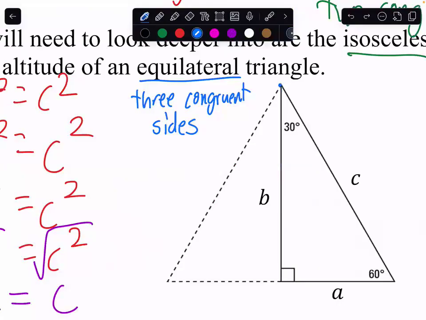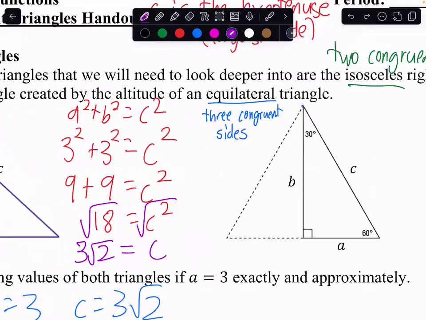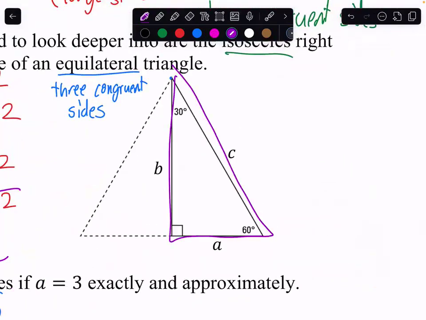That's what we did here. Again, the original triangle was this. We drew in an altitude, and then we only kept this half. We threw this half away. So this is the special right triangle, just this part, not this part. That part got thrown away.